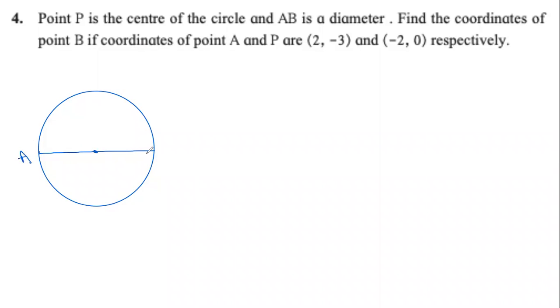So let us say that this point is A and this point is B. P is the center. This point is P. Coordinates of A and P are given. A is 2, -3. P is -2, 0. The question is, what are the coordinates of B? And I'm telling you, we already know how to find this. Tell me what formula will be used and why.